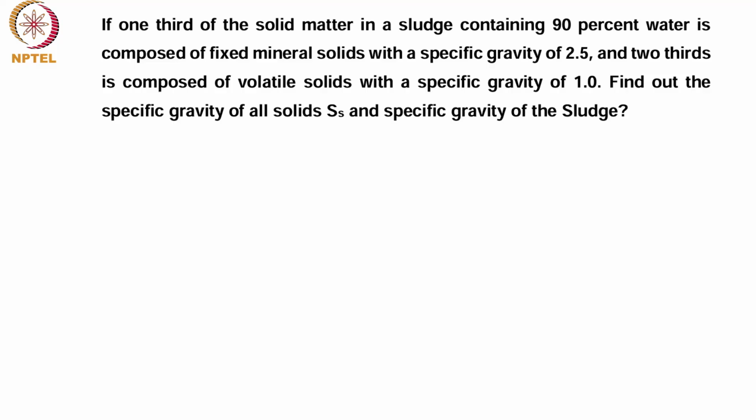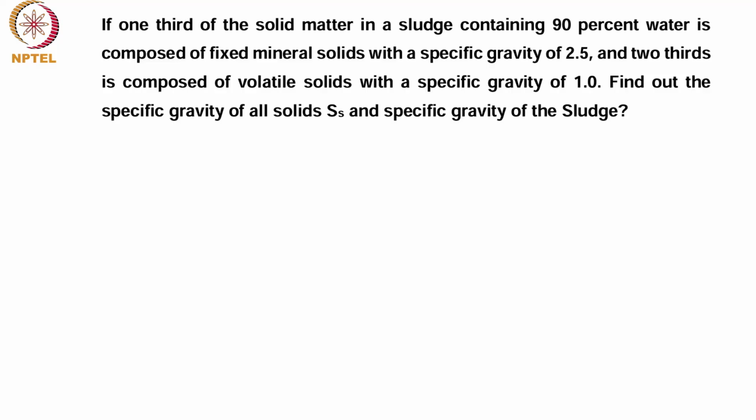So 1 by specific gravity of sludge equals the fraction of water divided by the specific gravity of water, plus the fraction of solids divided by the specific gravity of solids, which we have found in the previous subdivision.